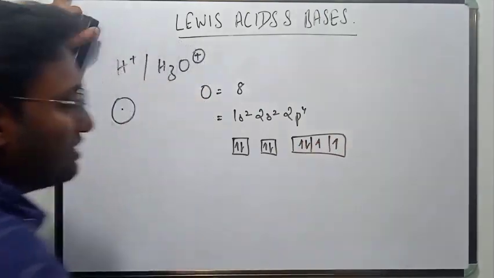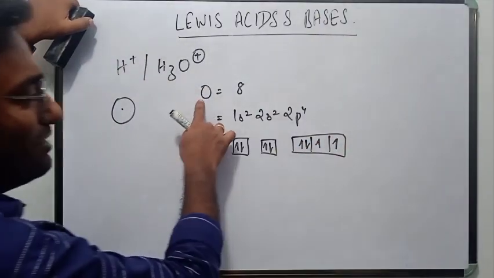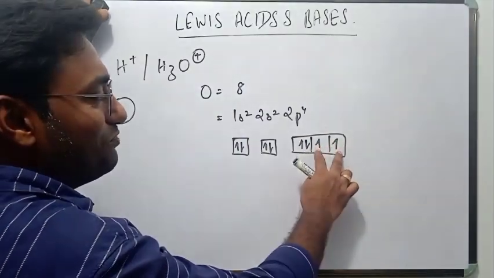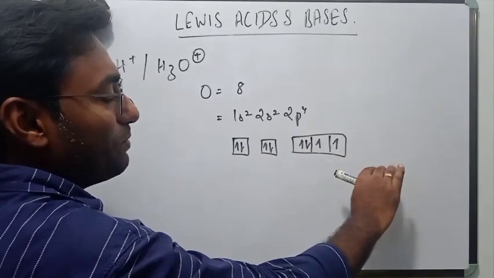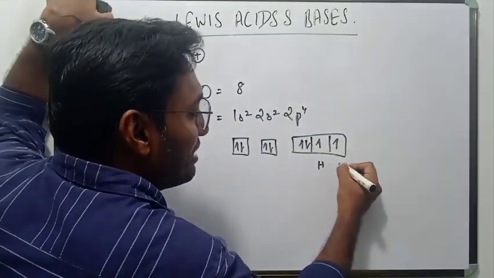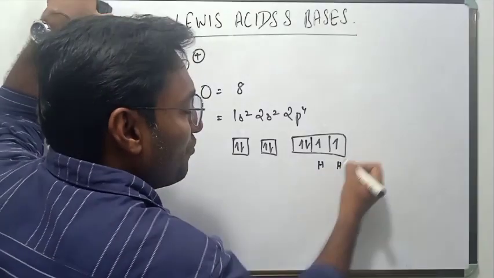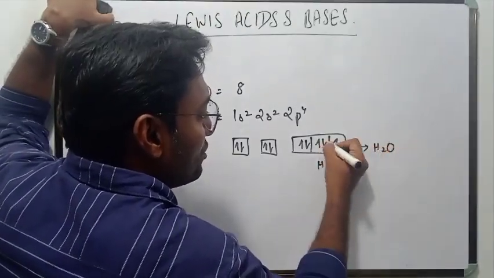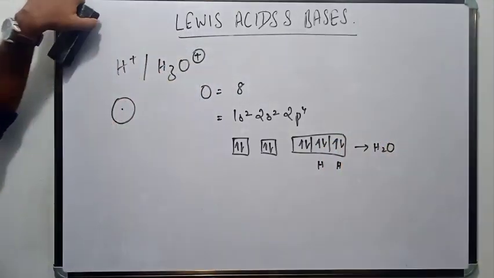What is the oxidation state of oxygen? -2. Two electrons are needed, so if two come, it would complete its octet. So let it combine with 2H to form H2O. When it forms H2O, its octet is complete.